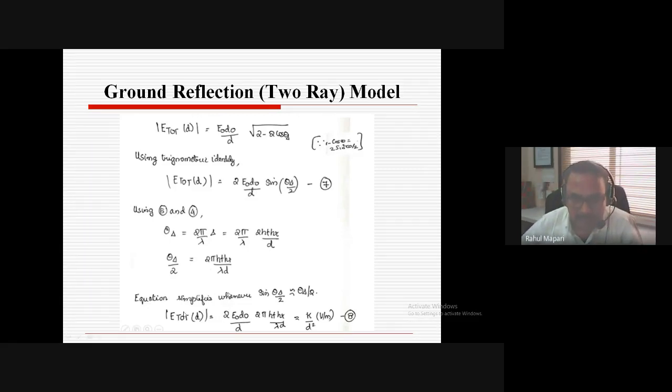The equation simplifies. Sine theta delta by 2 is approximately equal to theta delta by 2. Can anyone tell me how it is? Can anyone guess it?